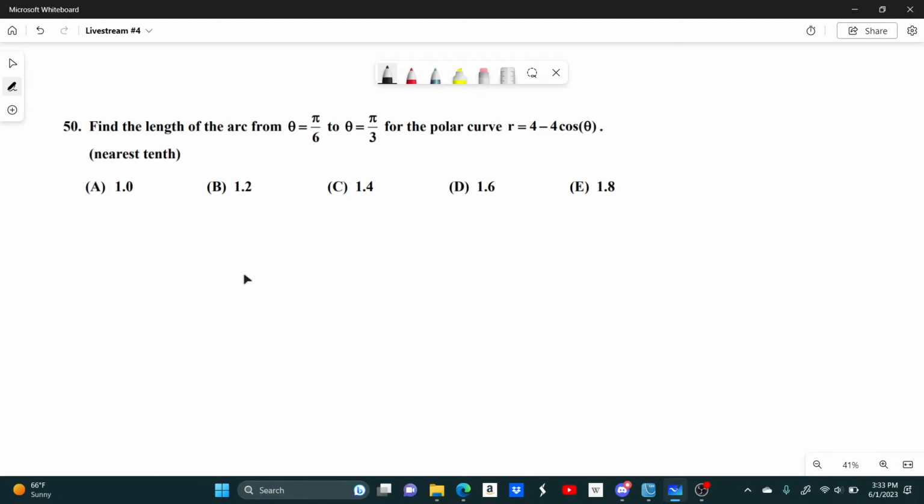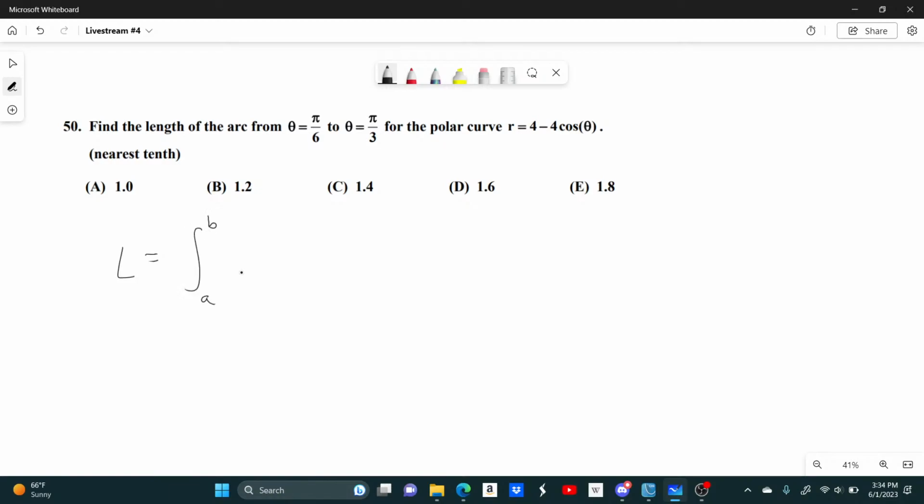All right, it says find the length of the arc from theta equals pi over 6 to theta equals pi over 3 for the polar curve r equals 4 minus 4 cosine of theta. So to find the polar arc length, you have to use this formula. I'm not aware of anything in the calculator that will do this, so I just have this formula memorized.